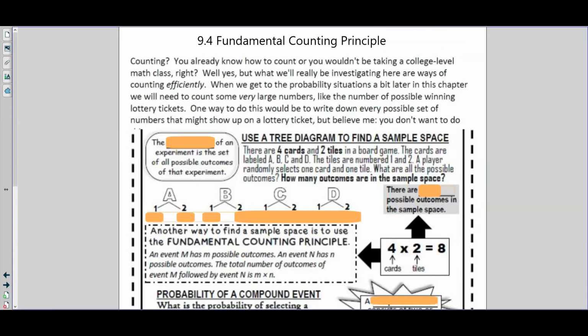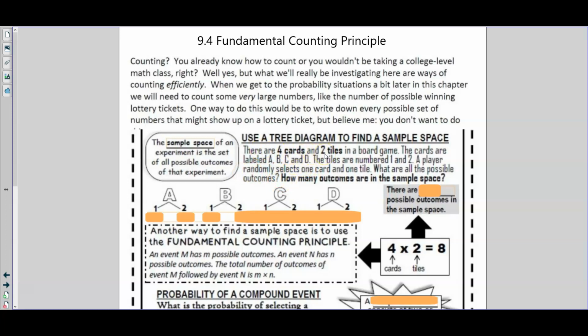Today we're looking at fundamental counting principle, which basically is just exactly like it sounds. It's counting. So on these particular problems, they're going to ask you to come up with an answer using a sample space. These ones I think are a little harder than they should be, but really if you're looking at it, it says you have 4 cards and 2 tiles and a game board.